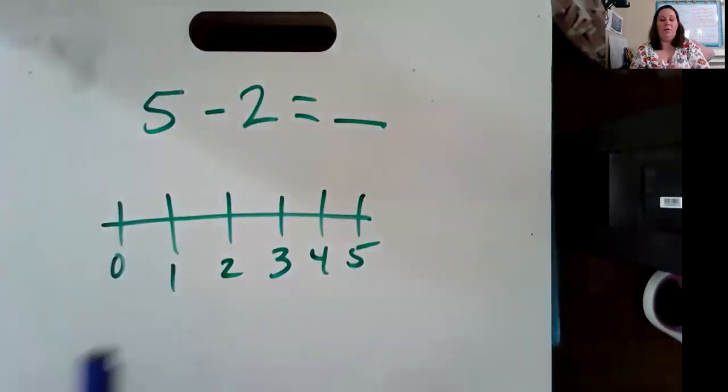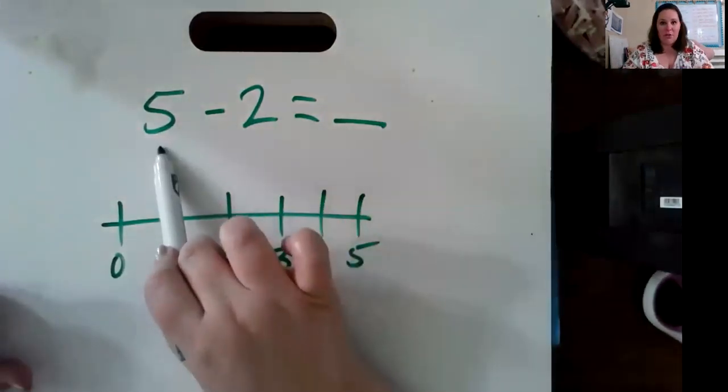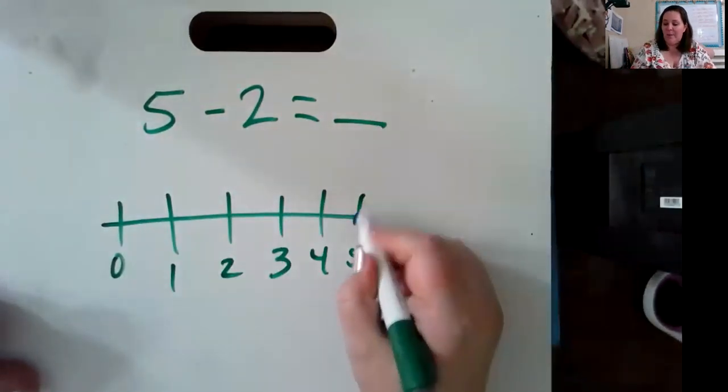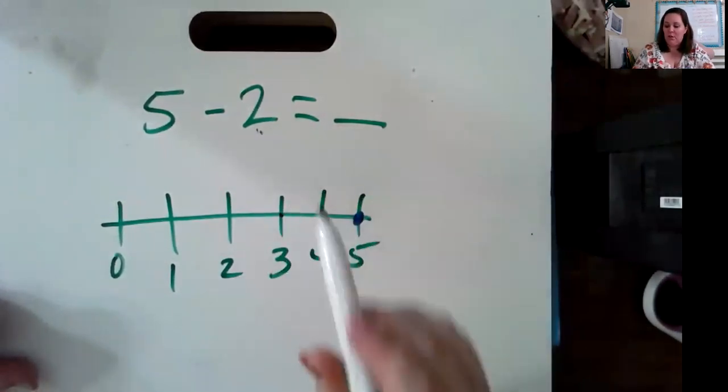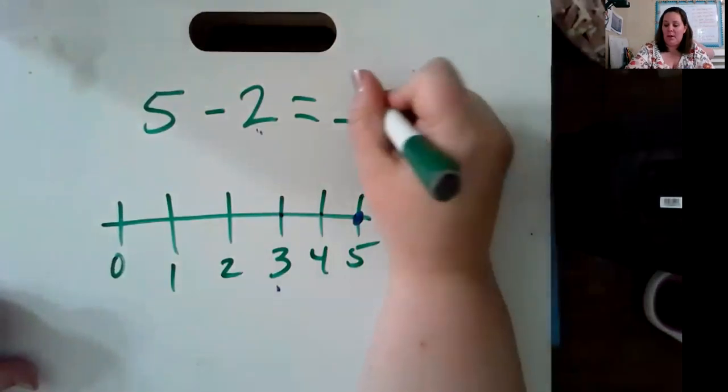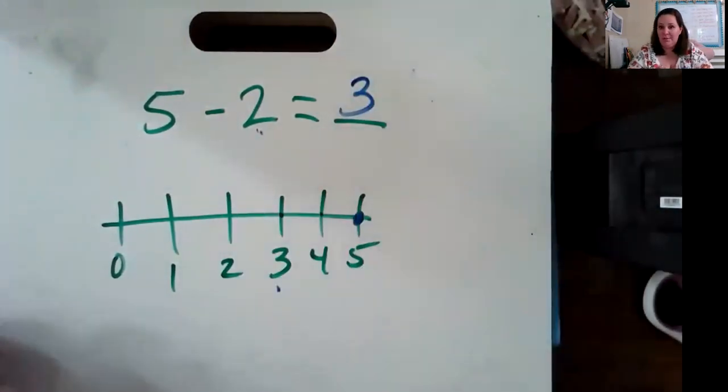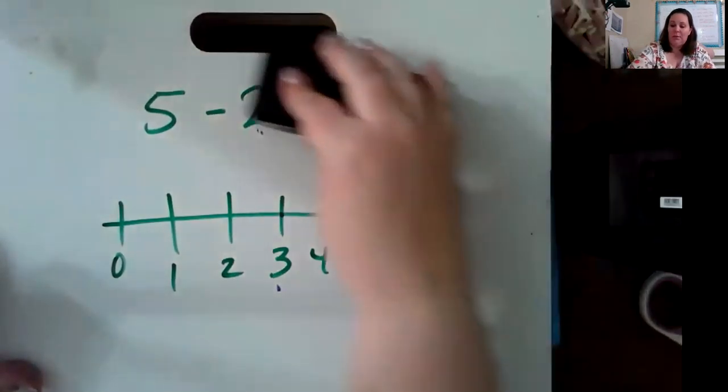Again, we're going to figure out what number we are starting out on, which is 5, and we're going to count back this many, which happens to be 2. 1, 2. We land on 3. Is that equation true? Yes. 5 minus 2 does equal 3.